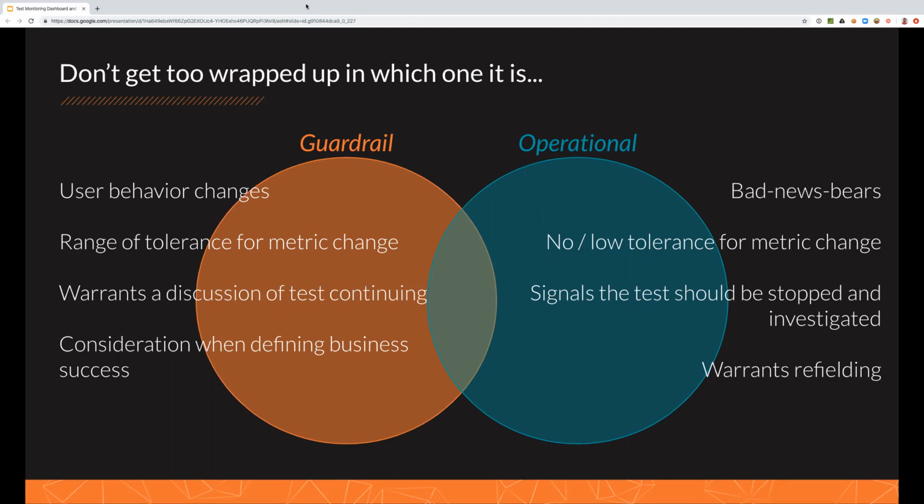In the end, it's just most important that it's captured somewhere and that it makes it into your monitoring dashboard. Because really, with the monitoring dashboard, we just want to make sure things come to light before the end of your test, before it's too late, and we don't want something to come up that really puts a wrench in your analysis without you knowing it until you're deep in the analysis.